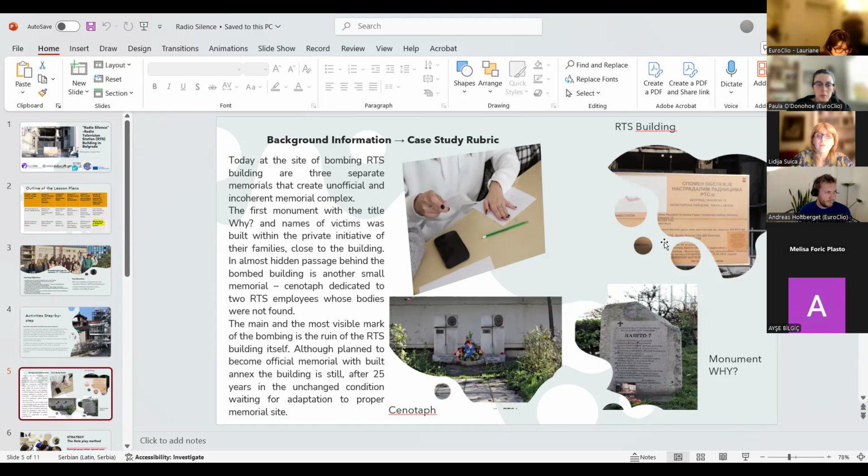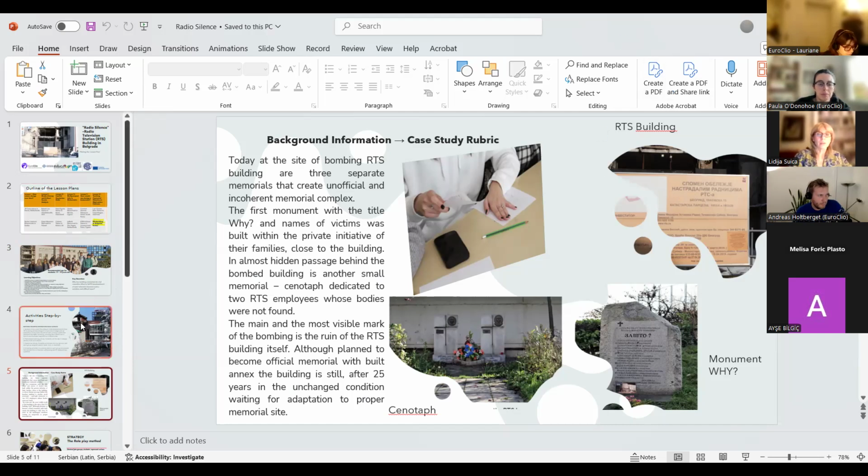Although planned to become an official memorial with a built annex, the building is still, after 25 years, in unchanged condition, waiting for adaptation to a proper memorial site. So after 25 years and after 12 years of the decision of the city officials that they would build a memorial complex, nothing has changed.